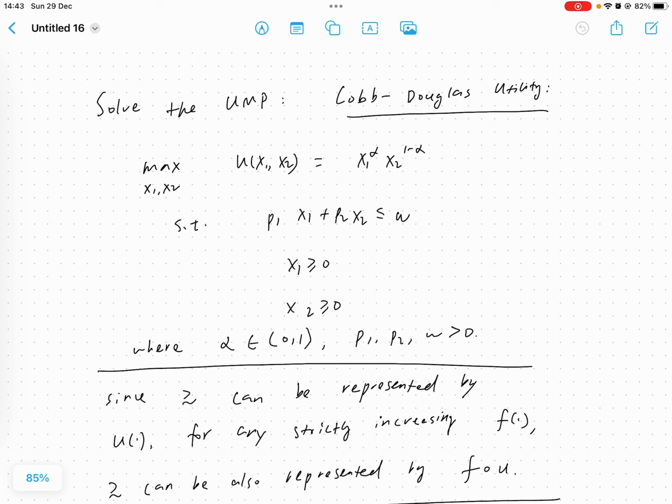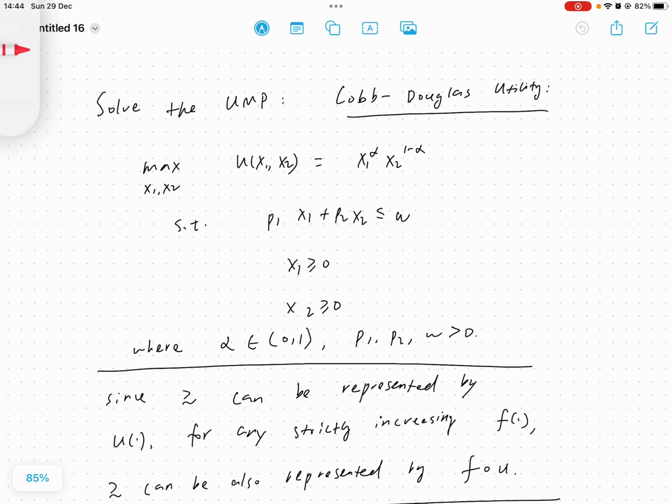But if we use the Kuhn-Tucker conditions, then we can fully discuss all those possibilities, because we will list and exhaust all the possible cases. Good, so now let's begin with this example.